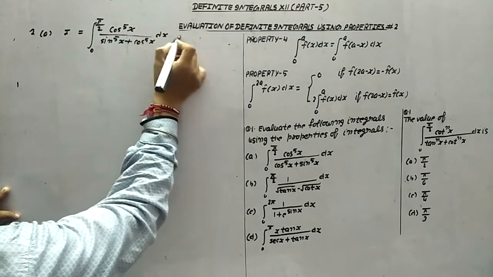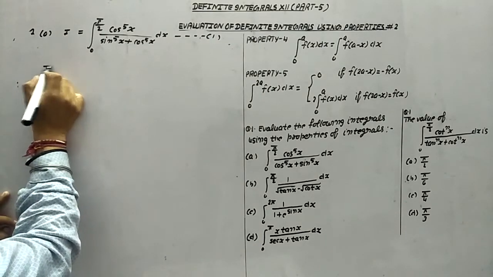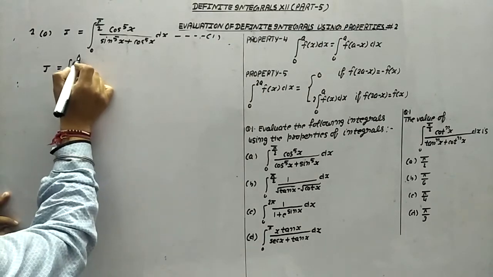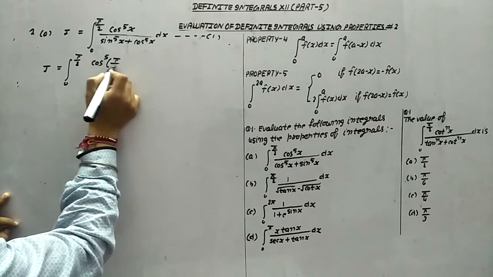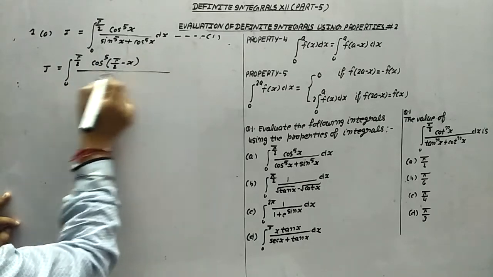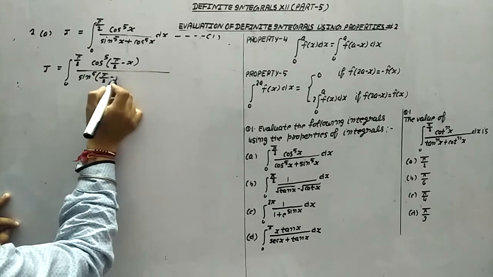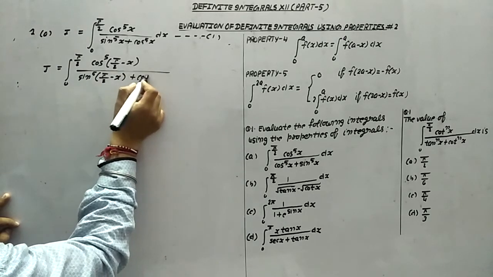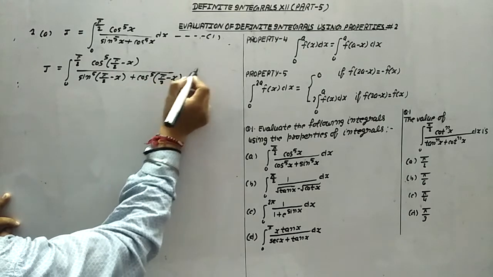Now we will consider this as equation number 1, and on the basis of the property, I is equal to integration 0 to pi by 2 cos^5(pi by 2 minus x) upon sin^5(pi by 2 minus x) plus cos^5(pi by 2 minus x) dx.